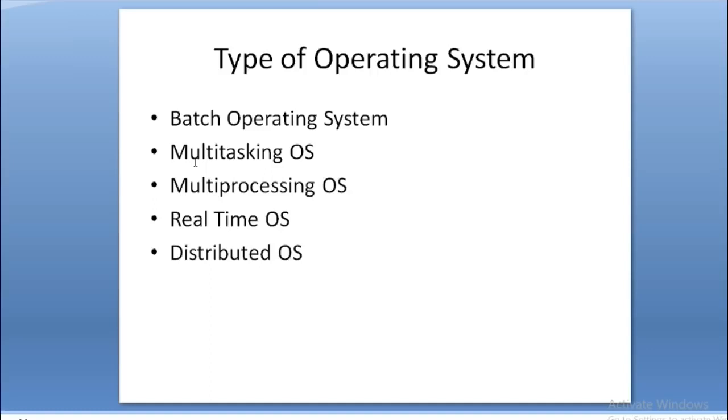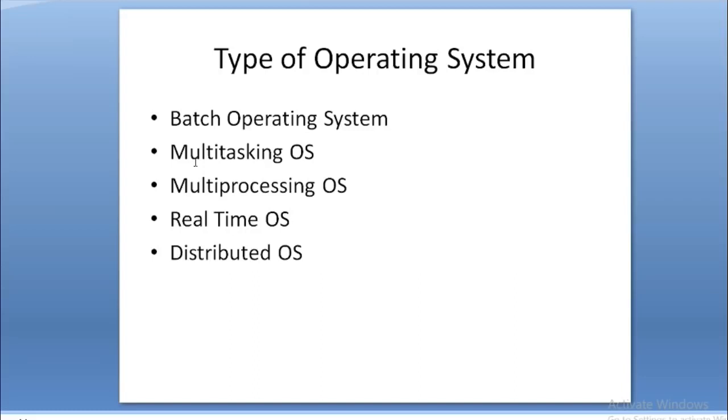Fourth one is real-time operating system, which is very important and very interesting. In the real-time operating system, the time is fixed. That means the work must be done in a particular time, otherwise it will be discarded.